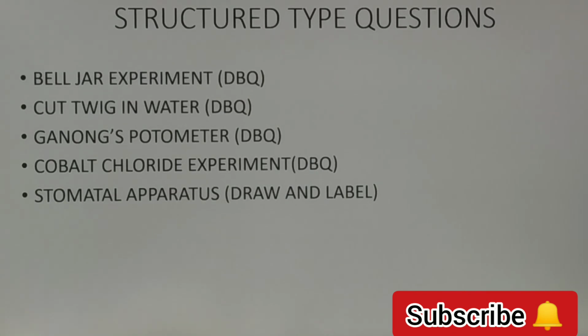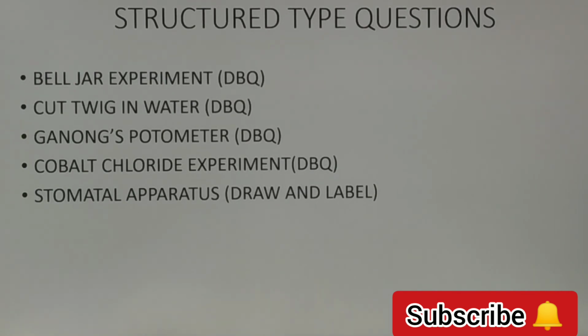Now coming to the structured type questions, the bell jar experiment, which we have discussed, can be asked as a diagram based question. Then a test tube containing a cut twig in water, that also can be asked as a diagram based question.